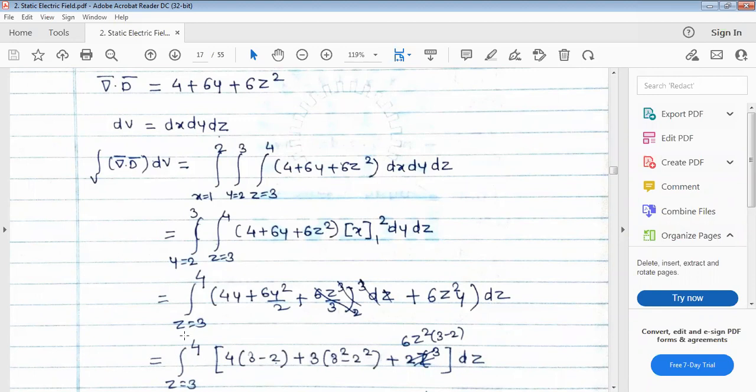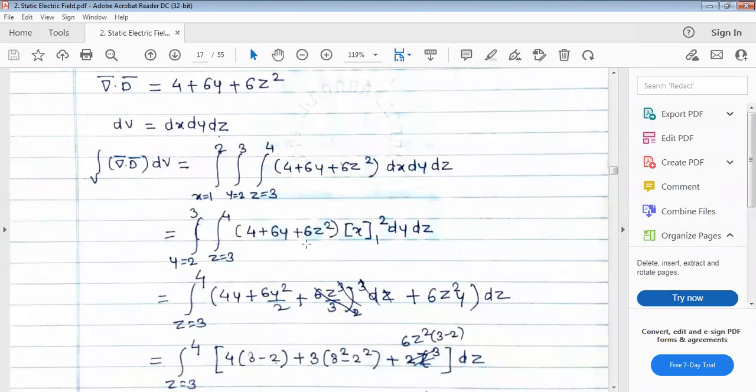So the integration of this term, 4 plus 6y plus 6z square, into dy will be 4y plus 6 y square upon 2, then 6z cube divided by 3.